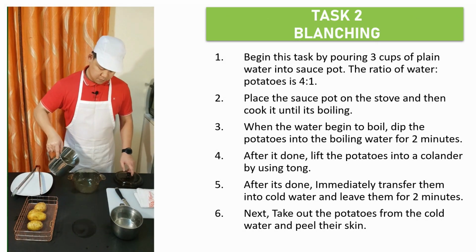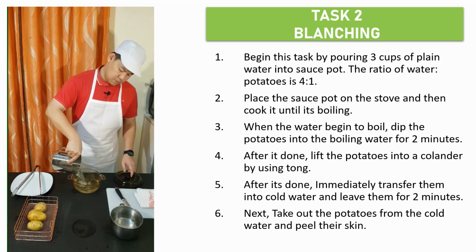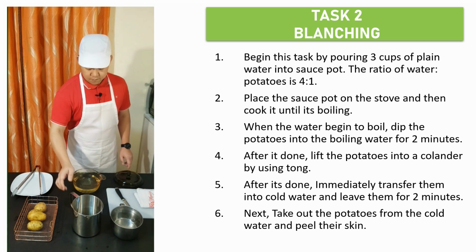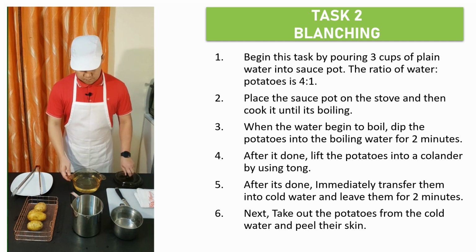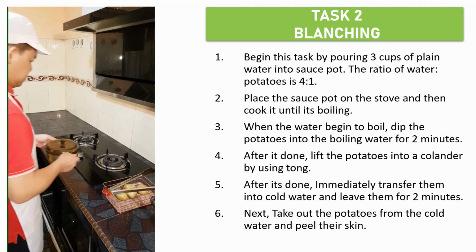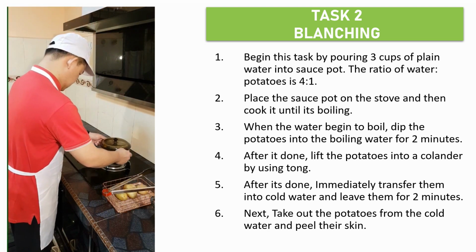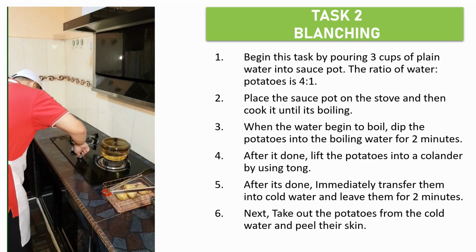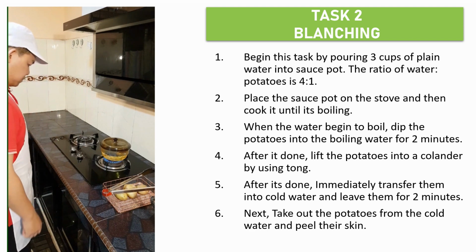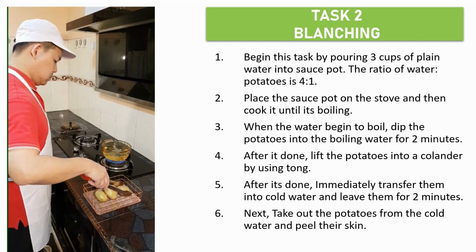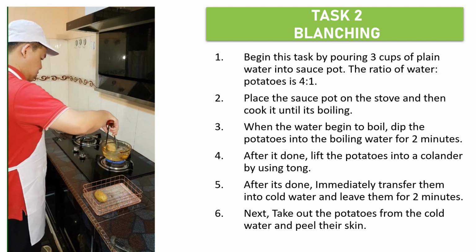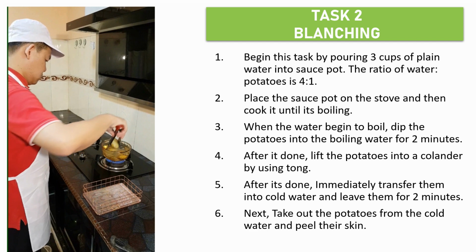Begin this task by pouring 3 cups of plain water into the sauce pot. The ratio of water and potato is 4:1. Then, place the sauce pot on the stove and cook it until it's boiling. When the water begins to boil, dip the potatoes into the boiling water for 2 minutes.